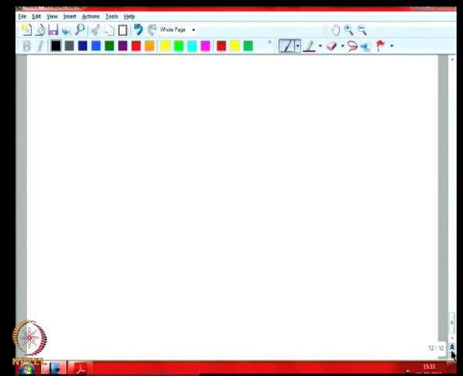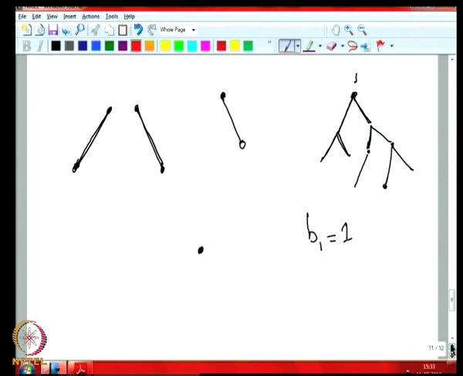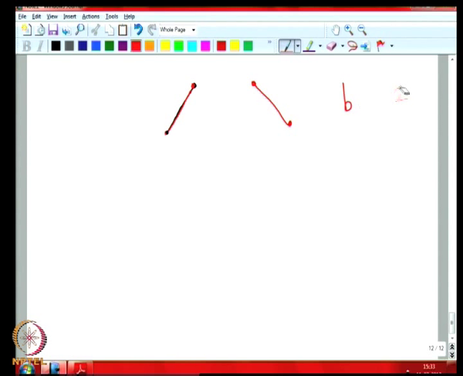With two vertices we can either draw like this. We start with a root and then we can draw like this, or we can start with the root and draw like this. So, either to the left or to the right. So, B2 is 2.